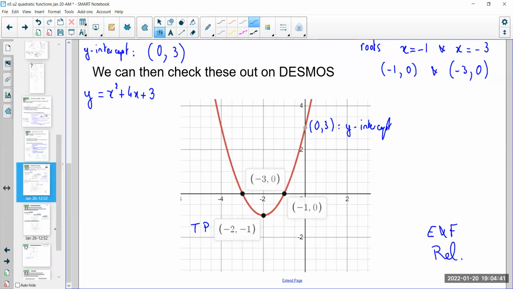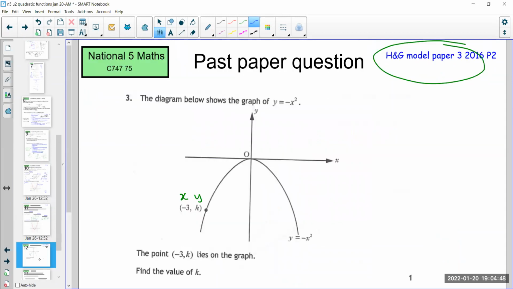Before I give you the past paper question. No? So this was a past paper. I would say it's a model past paper, they call it. We were given a parabola called y equal -x squared.